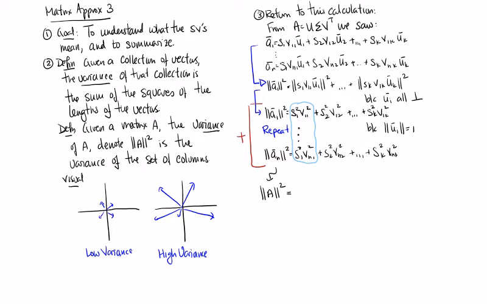That is the vector v_1. So that v is also a unit vector. So this just comes out to be s_1 squared. The second one is s_2 squared. The last one is s_k squared. So what this says is that the total variance of the data is the sum of the squares of the singular values.